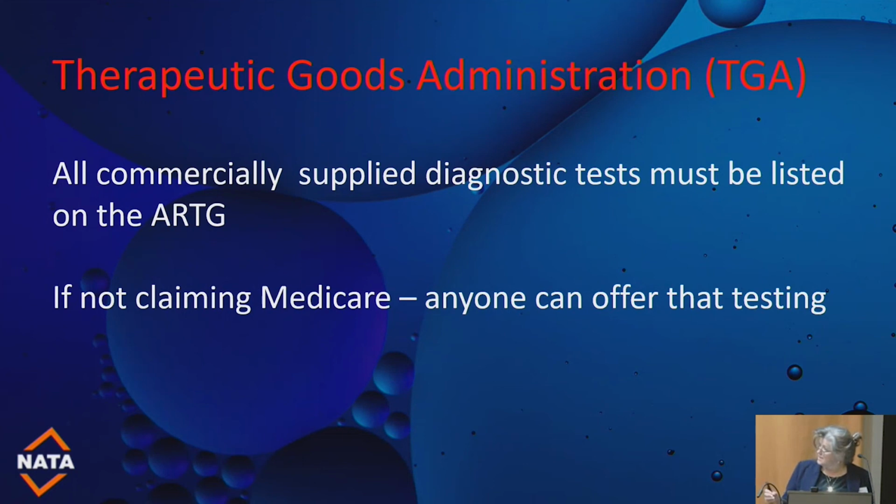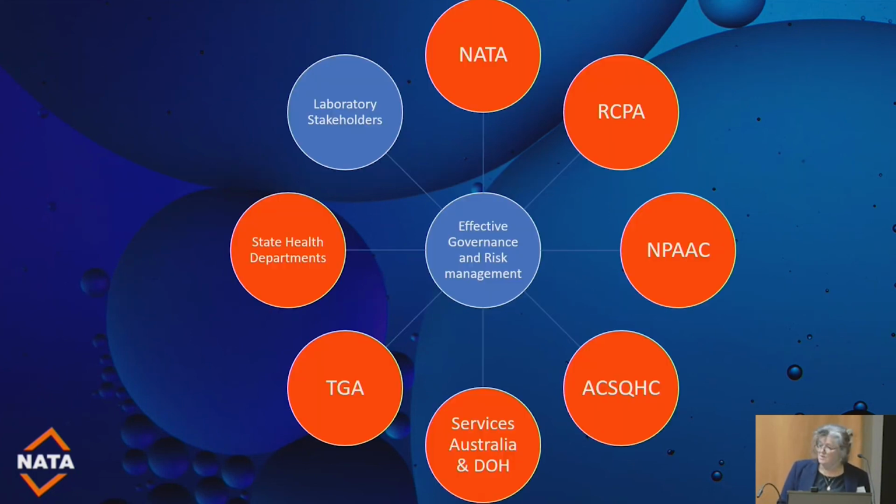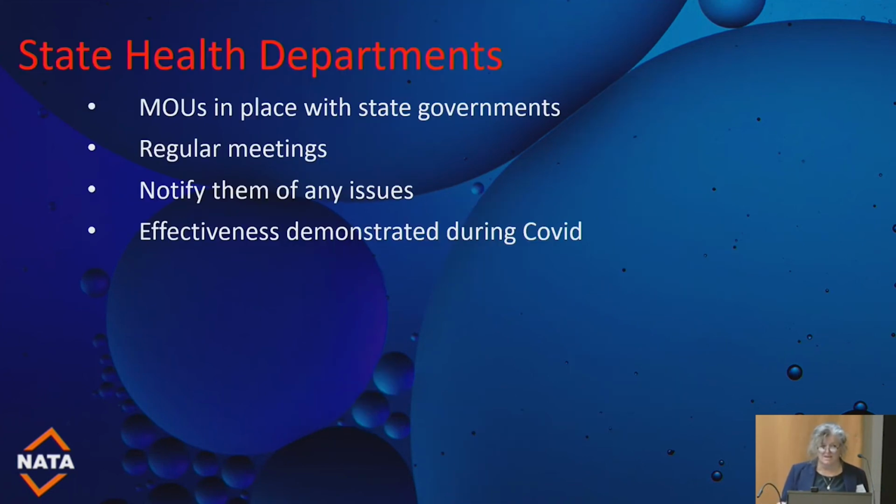Moving on, I'm nearly finished. We have the state health departments. We actually have MOUs with most of the state governments. We hold regular meetings with them, at least annually, to talk about the changing landscape and what's happening in the health departments. We have to notify them of any issues.